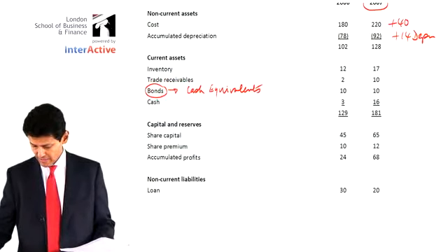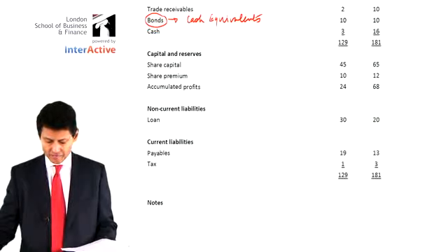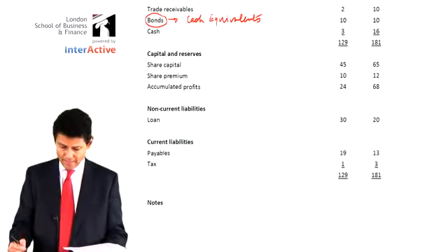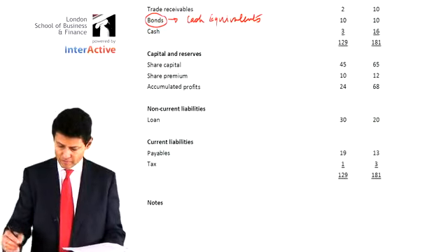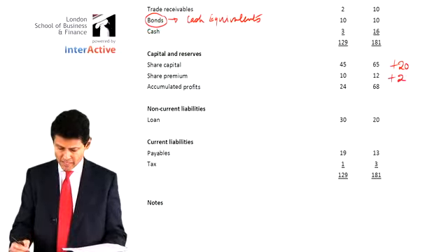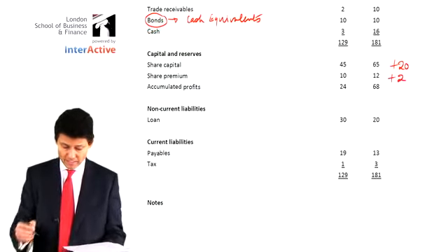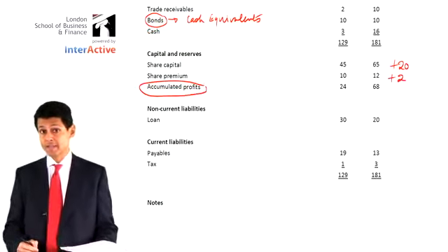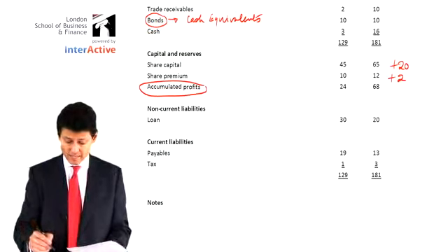The second half of the SFP, capital and reserves, share capital, that appears to have gone up by about 20. The share premium has gone up by 2 as we try to understand the question. Now, accumulated profits is particularly advanced in this question because no income statement is provided, therefore major workings are needed.